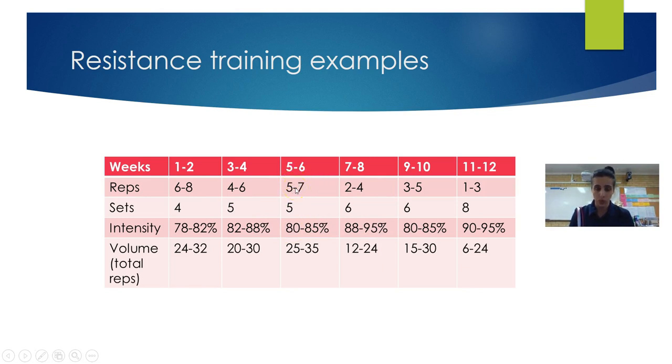That's mission impossible for a bench press, for example. So if you're looking at muscular endurance, you would lower the weight, so the intensity, but increase the reps and sets. If you're looking at muscular power, muscular strength, you would lower the reps and increase the intensity, so put more weight on your bar.